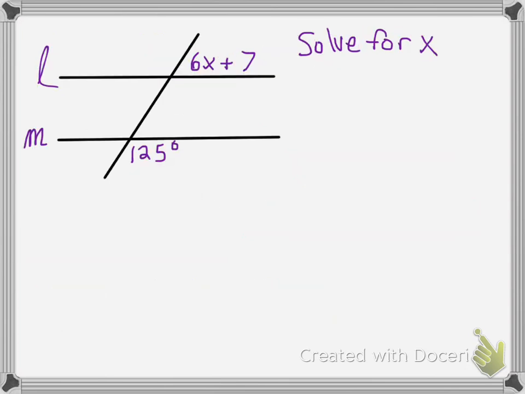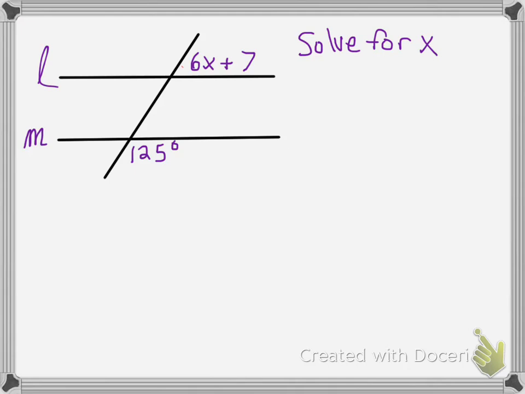Another most missed question was this one right here with parallel lines. We've got the angle here, which is 6x plus 7, and we've got the angle here, which is 125. What I've seen is that you automatically want to try to set them equal to each other, and that's not going to work.